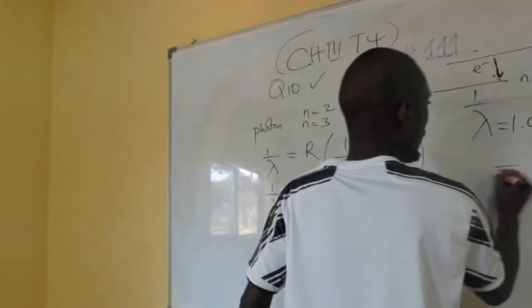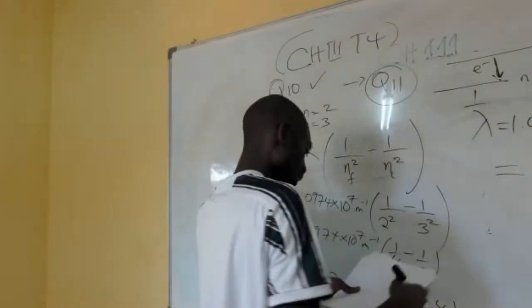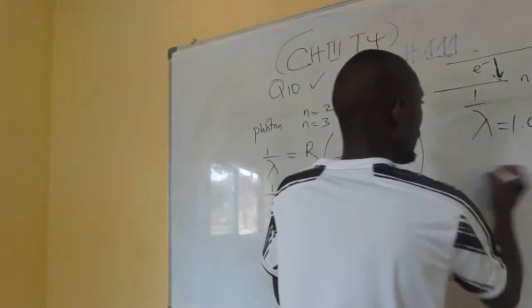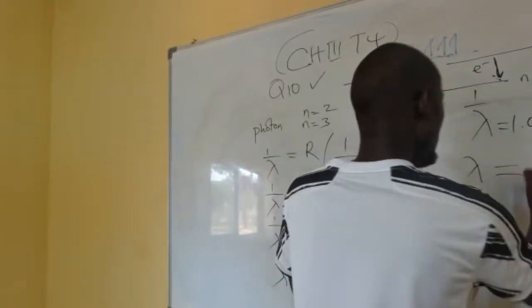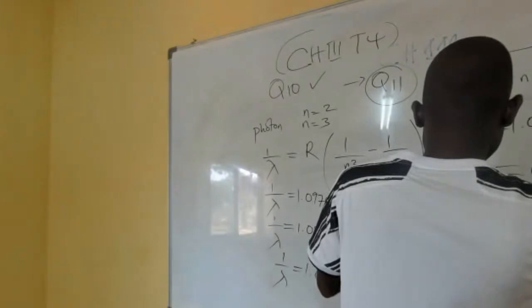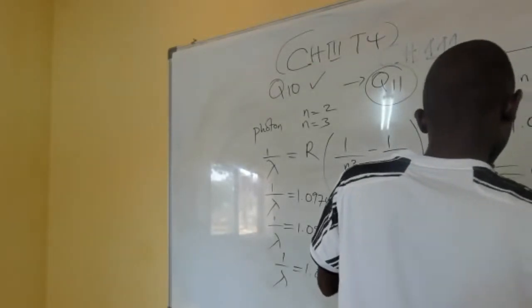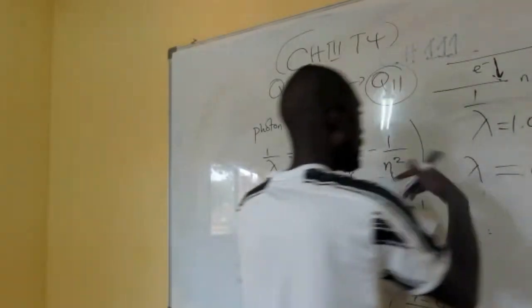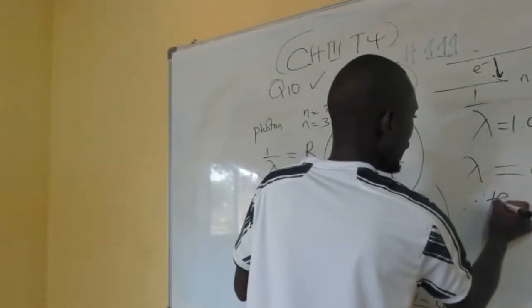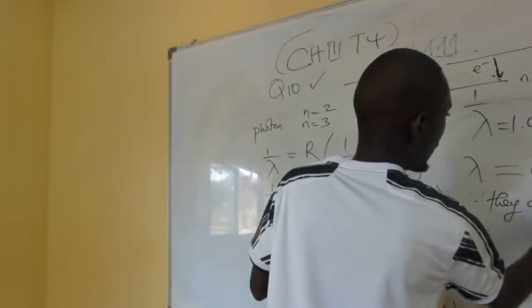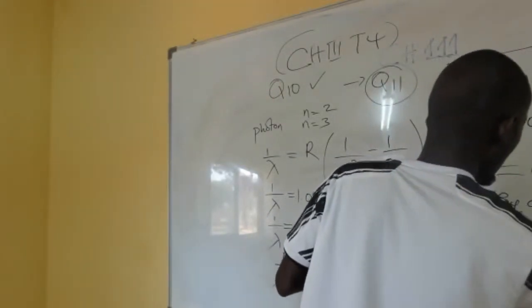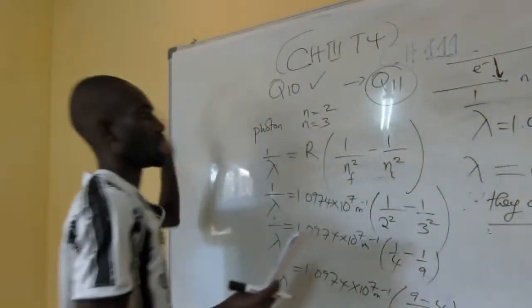If you evaluate everything, lambda should give you 6.56 times 10 to the power negative 7 m. Comparing to the earlier one, we can conclude that they are the same in terms of calculation.